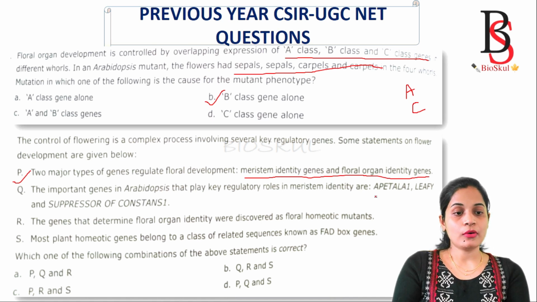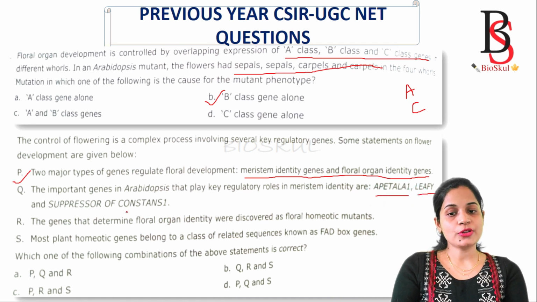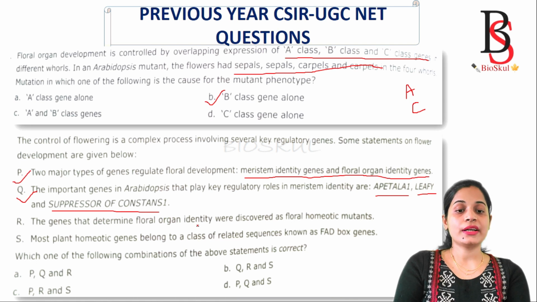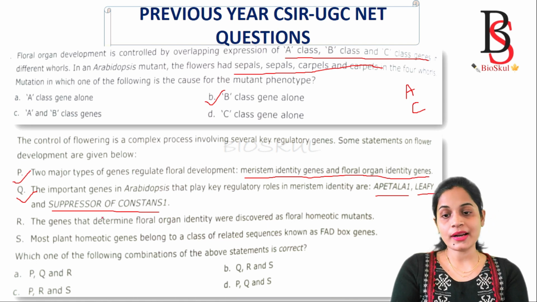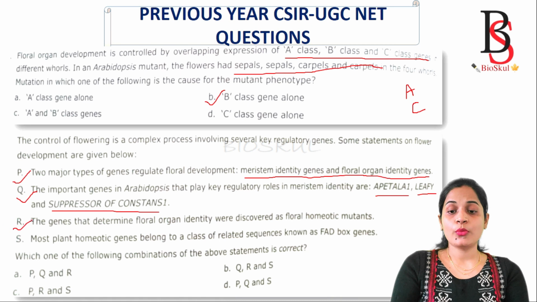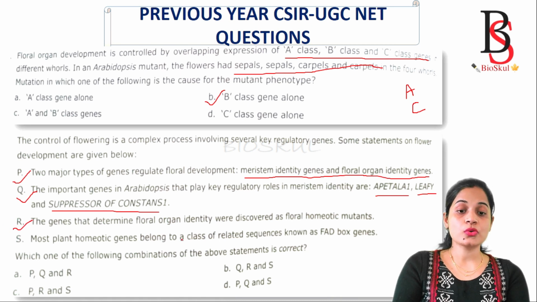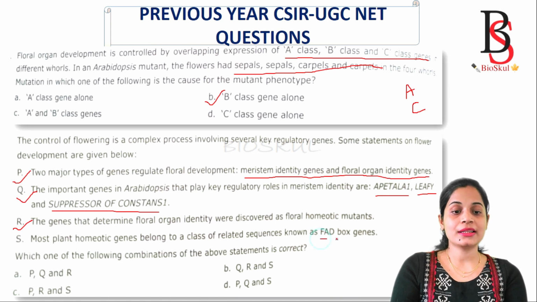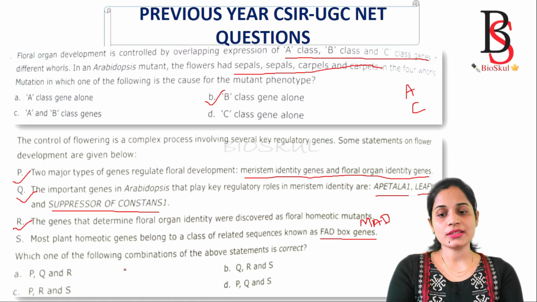These are Apetala 1, Leafy and Suppressor of Constans 1. So this one is also correct. The genes that determine floral organ identity were discovered as floral homeotic mutants. This one is also correct. Most plant homeotic genes belong to a class of related sequences known as the FAT box genes. No, these are the MADS box genes. Okay. So the most plant homeotic genes are the MADS box genes. So this one is wrong.